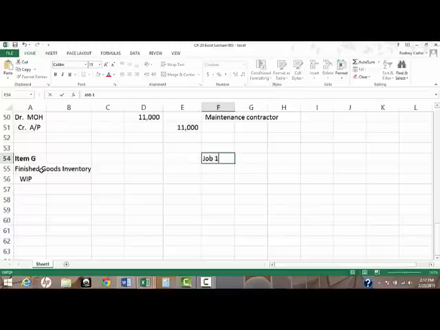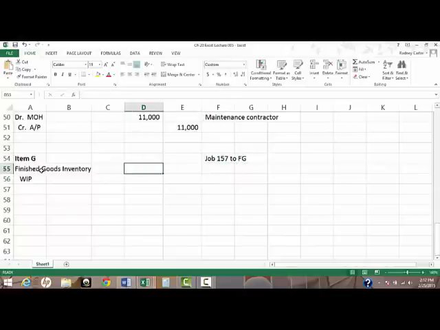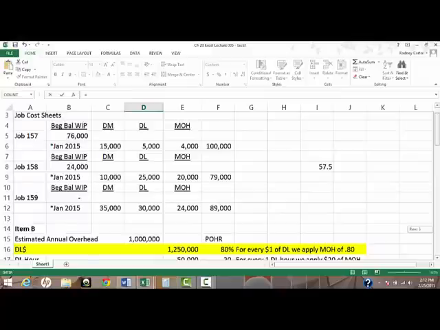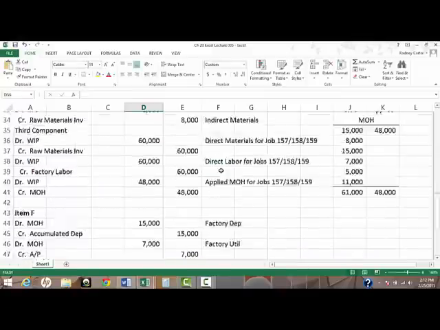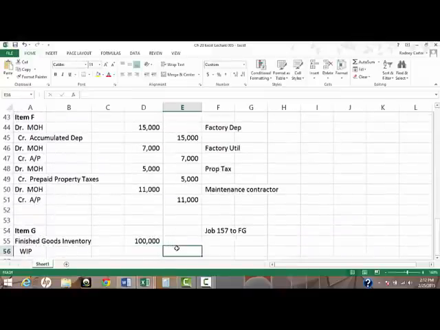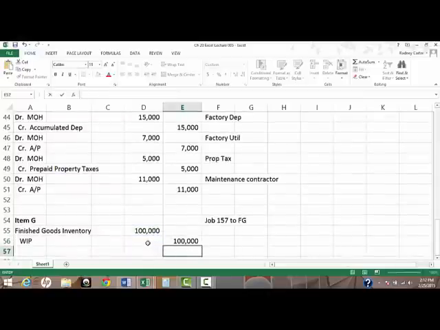I'll go job 157 to finished goods, and I will go up and take the total from job 157, and you need to do the same thing, the same entry for job 159.